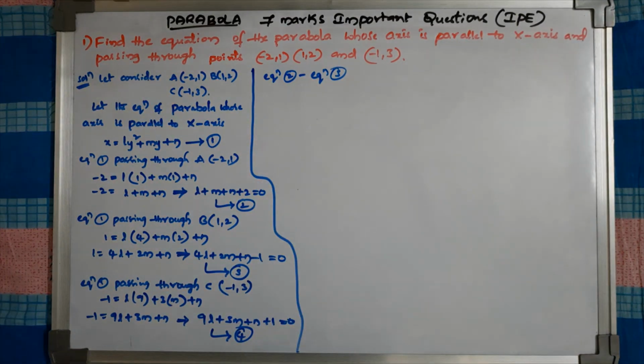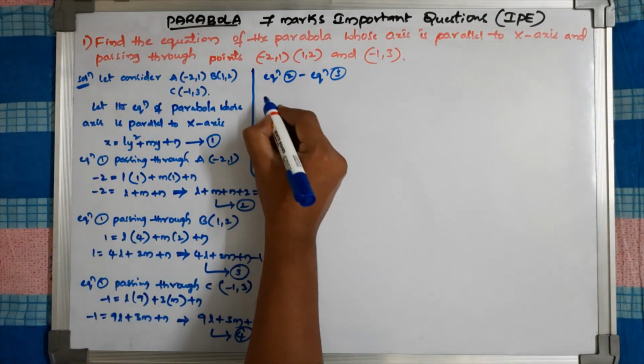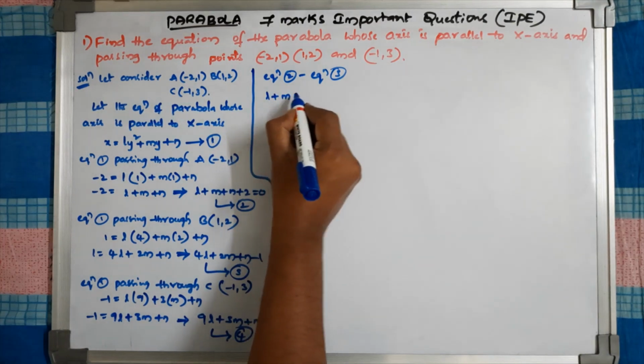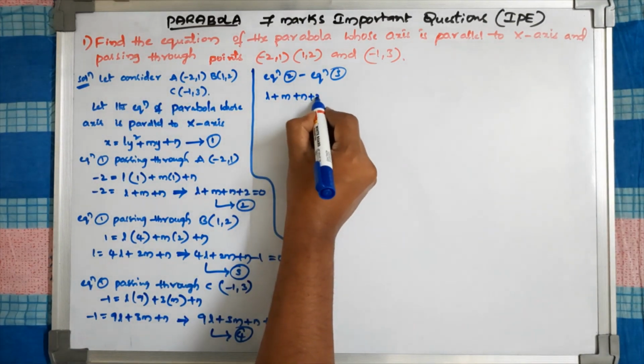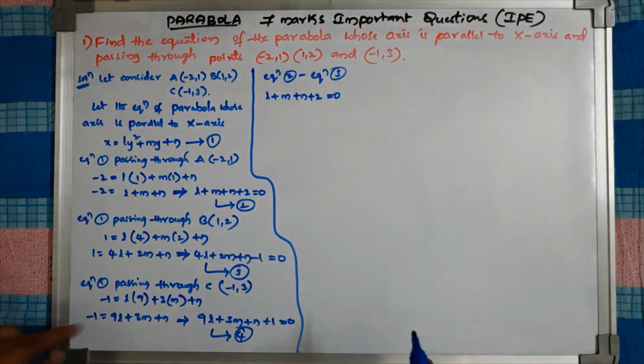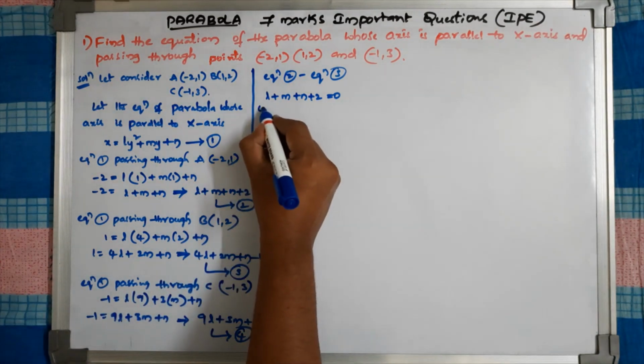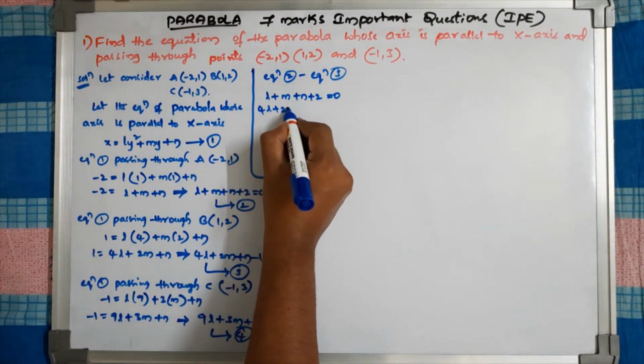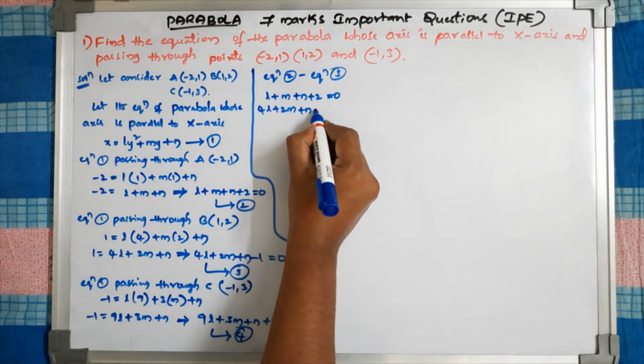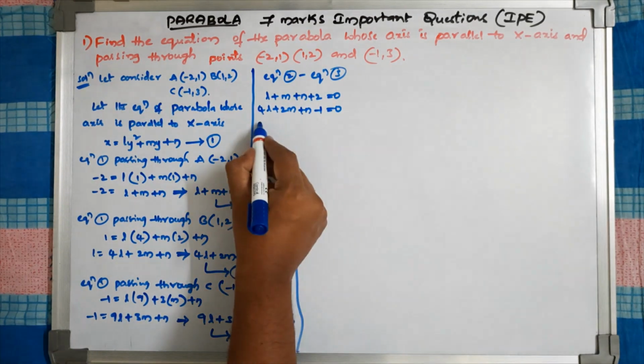What is equation 2? l + m + n + 2 = 0. What is equation number 3? 4l + 2m + n - 1 = 0.